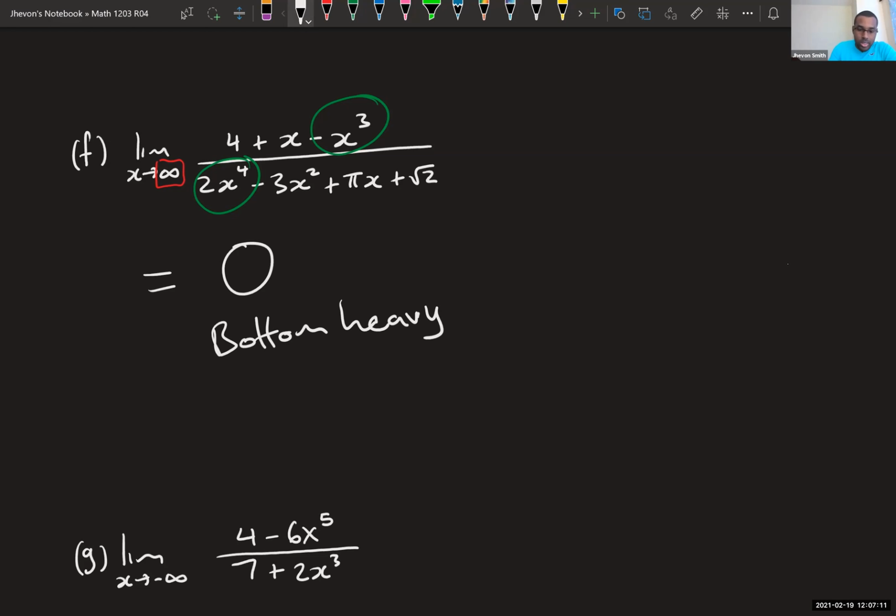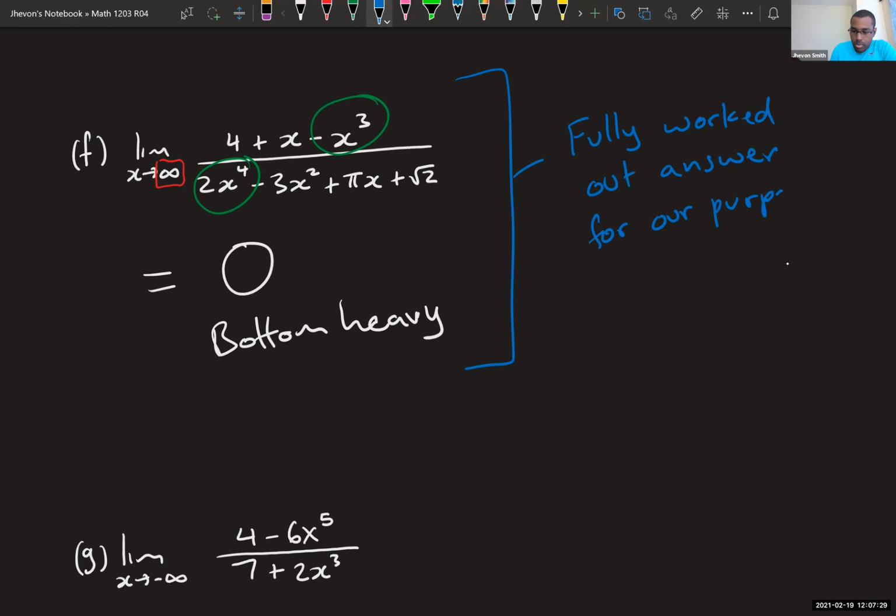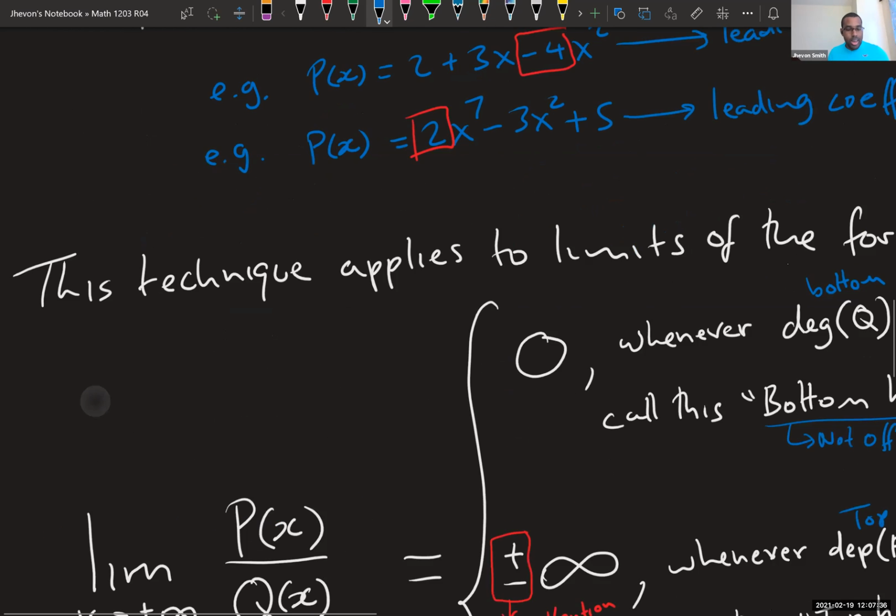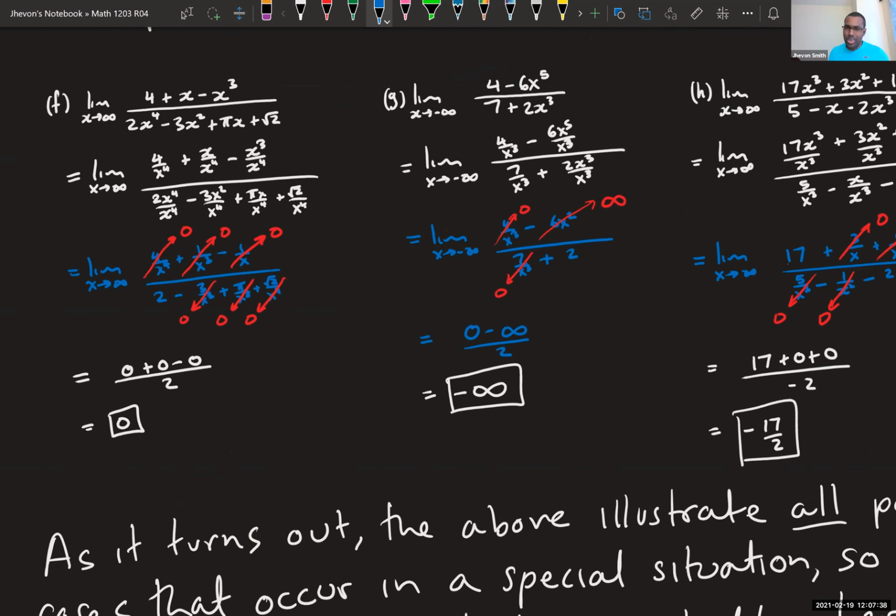Fully worked out answer. Right? Now, I think that's fair, that I'm not forcing you to do this. I know a lot of math teachers who actually want you to know really what's going on and you have to write it up.